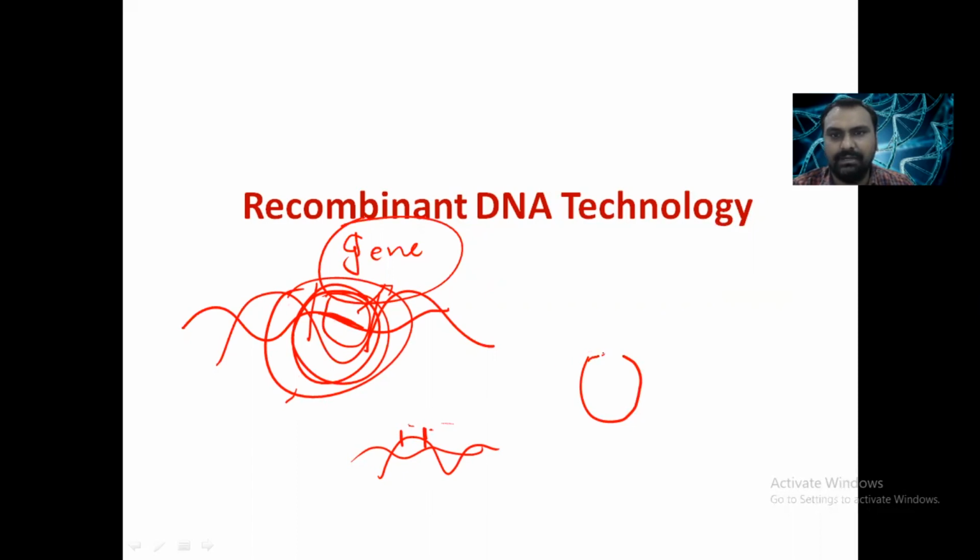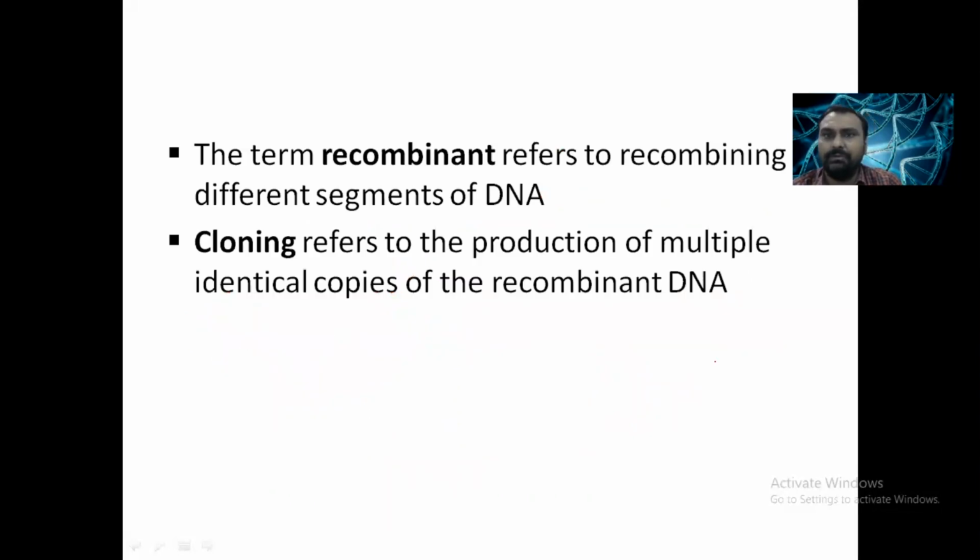This gene is added to the vector and joined together by the ligase, and this recombinant gene is added to the new host cell. This is recombinant DNA technology, where the gene of interest will be multiplied. Recombinant refers to recombining different segments of DNA, and cloning refers to the production of multiple copies of this recombinant DNA.